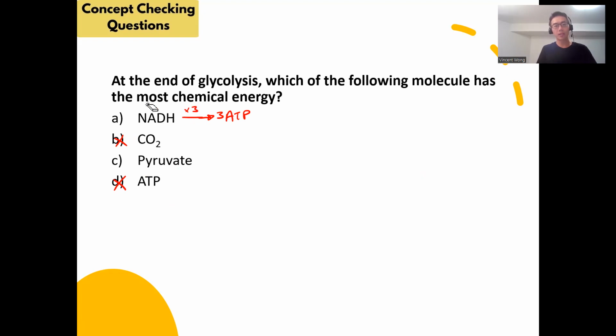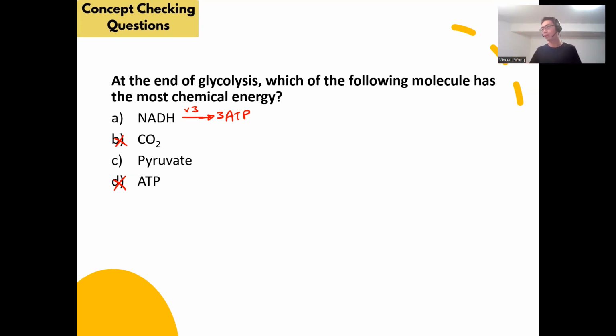So which one has more chemical energy, NADH or pyruvate? At the end of glycolysis, we have only produced 2 ATPs. Does anybody remember the maximum number of ATP that can be produced from 1 glucose in cellular respiration? Look at the notes. 36, exactly. So after glycolysis, we have only produced 2 out of the 36.